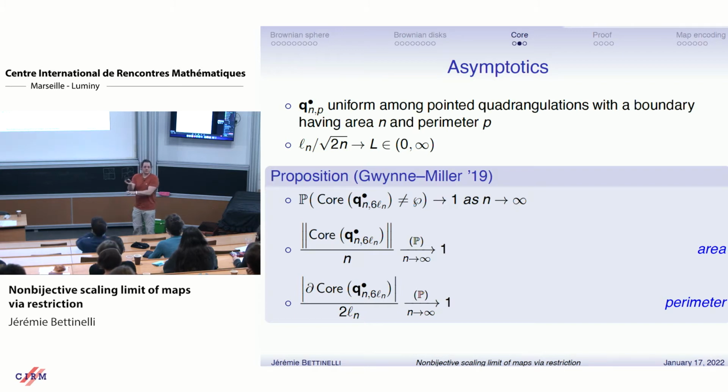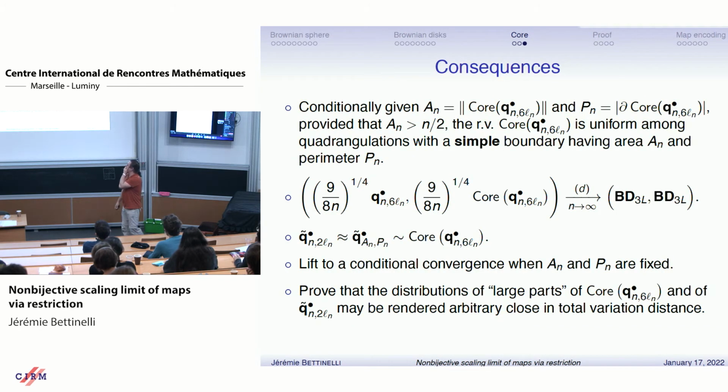And the perimeter is roughly a third of the original. So, some observations. Conditionally, given the area and perimeter of the core, the core is a uniform quadrangulation with a simple boundary, but having this area and perimeter. These are random numbers.